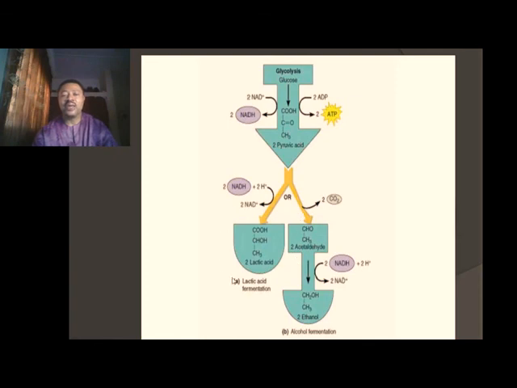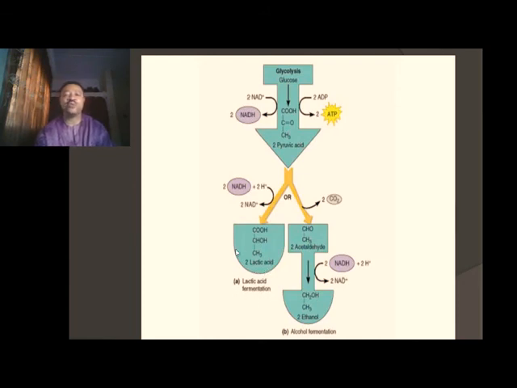Both of them usually take place when the oxygen tension is low. Lactic acid fermentation occurs more in animal systems. For example, in the case of you and I, if we engage in strenuous exercise that depletes our oxygen tension such that anaerobiosis sets in, lactic acid will be produced.